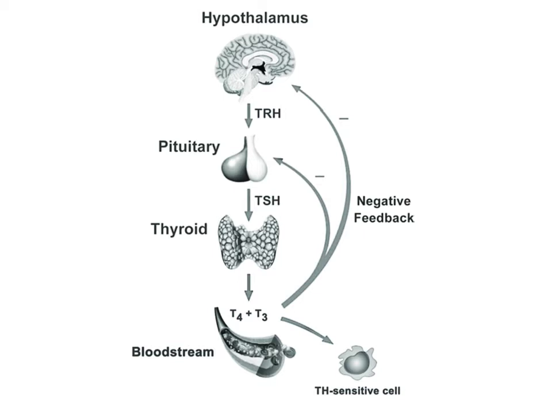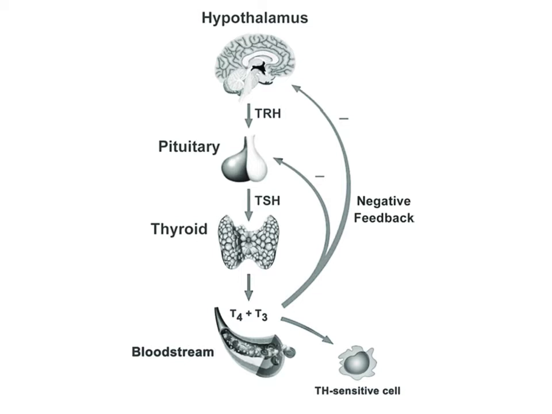Here we have neurons in the hypothalamus secreting thyroid releasing hormone, or TRH, which will stimulate cells in the anterior pituitary to secrete thyroid stimulating hormone, or TSH. TSH will then bind to receptors on the epithelial cells in the thyroid gland.